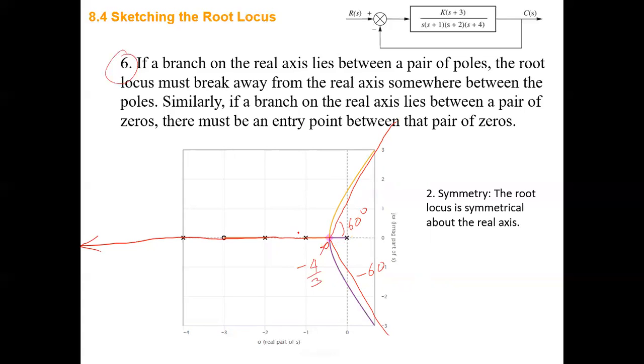Now, how about this guy? Let's talk about this negative 4. This is negative 3. This is negative 2. This is negative 1. This is 0. So what do you think this negative 2 goes to? You should find the 0 right here. Look at that. This negative 2 goes to negative 3.